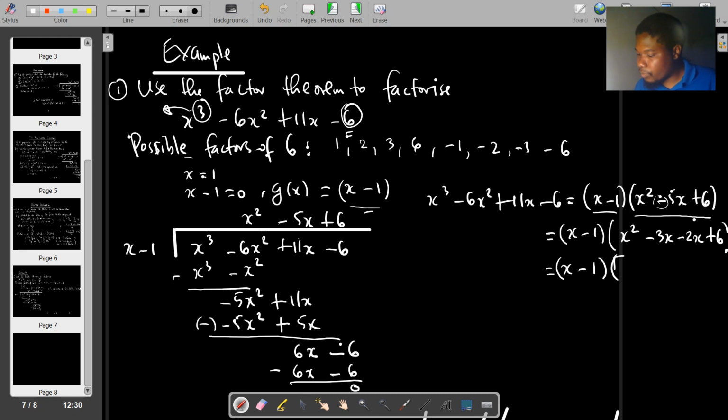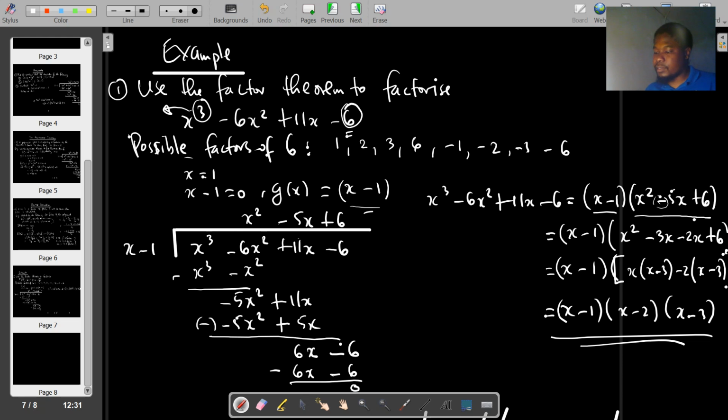Then here, through grouping, we end up getting x minus 3 and x minus 2. From there we'll get x minus 1, x minus 2, and then x minus 3. This is your answer. You have factorized this cubic function.